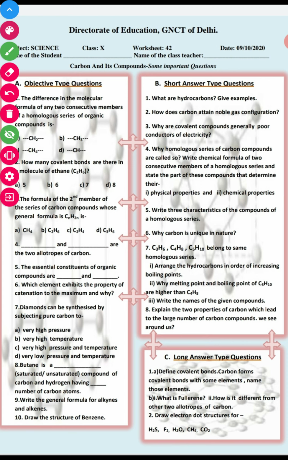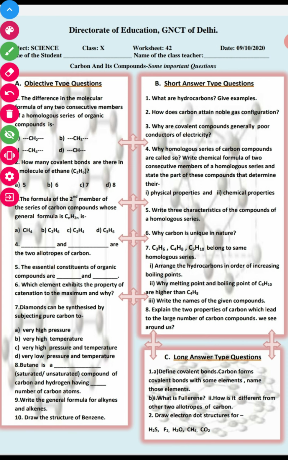Homologous series of carbon compounds are called so because all members of a homologous series have similar chemical properties and the same functional group, but their physical properties are different.